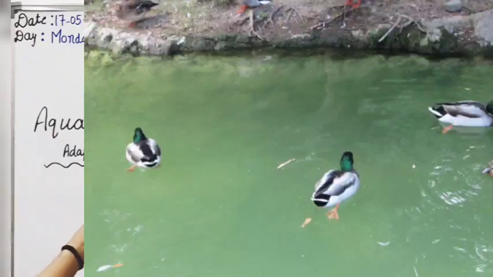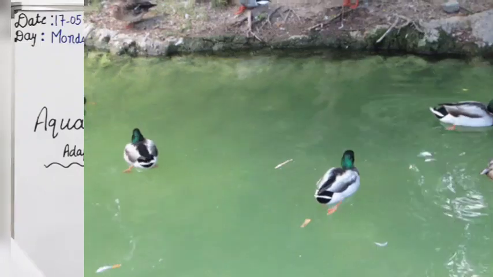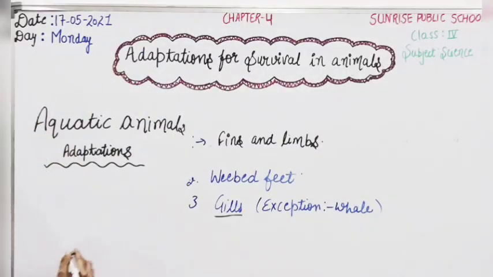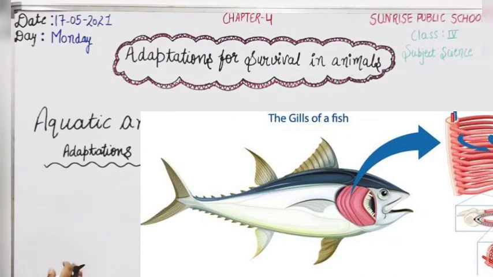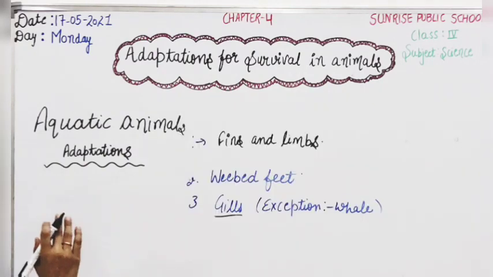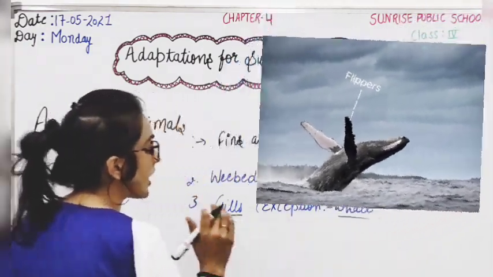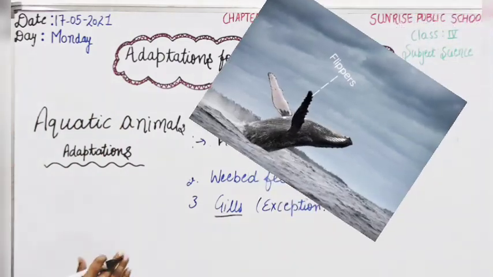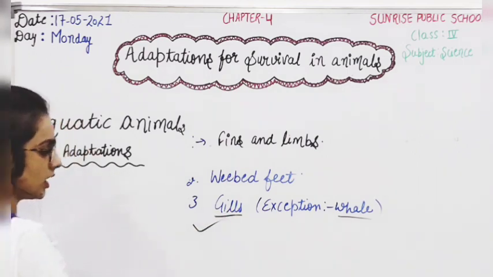Aquatic animals have gills through which they breathe, and there is an exception which does not have gills, the whale. Whales have lungs through which they breathe. So these are some adaptations of aquatic animals.